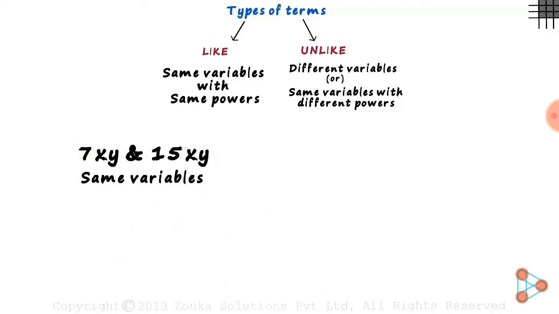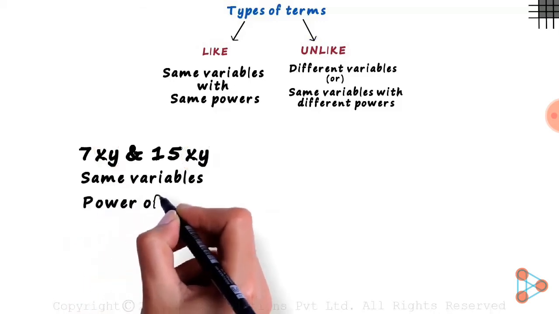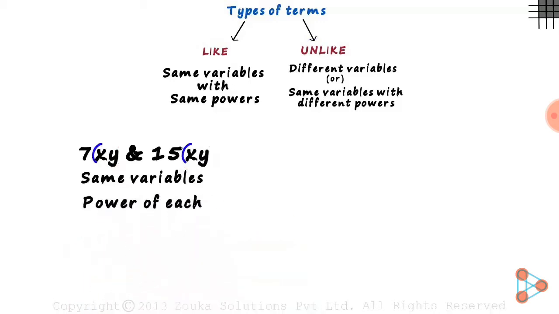The next thing we need to compare is the power of each variable. The powers of x are the same in each term, it's 1. And yes, the powers of y in each term is also 1. As both these conditions are satisfied, we can say that they are like terms.